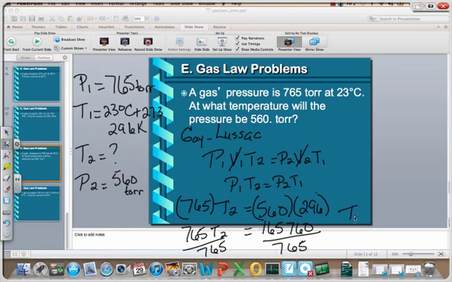All right, so T2 should be equal to 226 Kelvin. All right, so it's given to you in Kelvin. If it wanted Celsius right here, you would have to go back in and subtract. But since it's not being specific about what unit it wants, we can just leave it in Kelvin. But if it did ask for Celsius, you'd have to go back and convert it. So watch your units when it's asking, or what it's asking for.